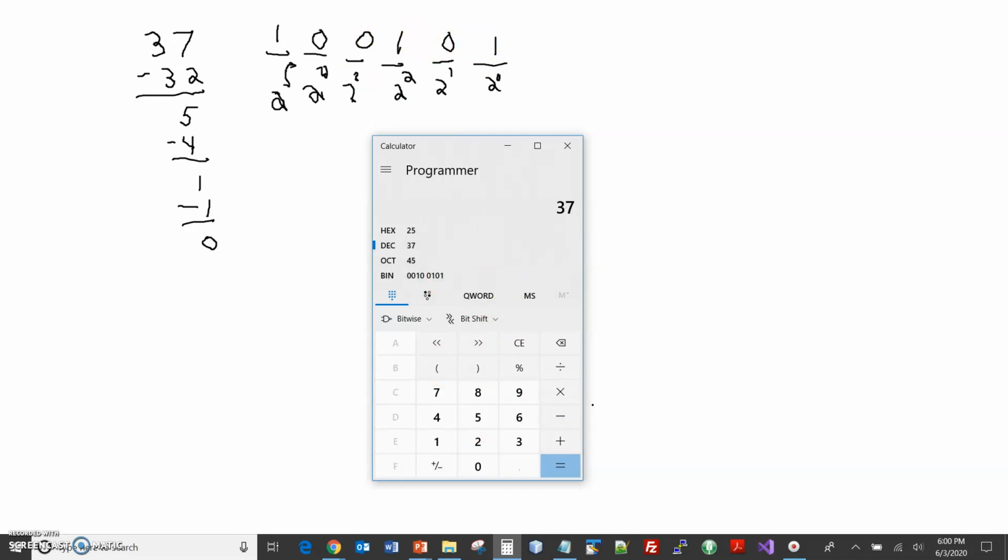And then going the opposite way, if I clear this out and go into binary mode, I enter in the binary number 1, 0, 0, 1, 0, 1, and there's the decimal equivalent of it. Again, I'm showing this as a way that you can verify the numbers.